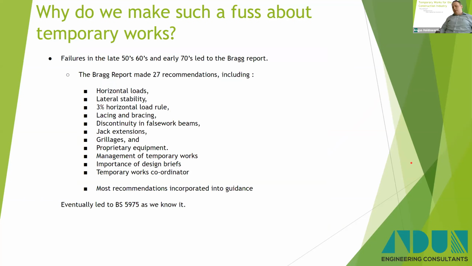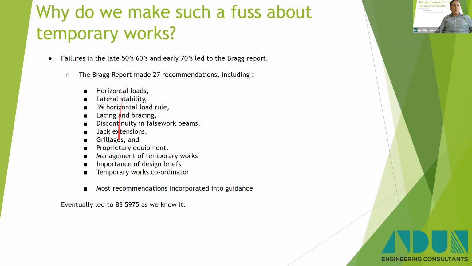So in the 50s, 60s and 70s, there were quite a lot of accidents, incidents, collapses and deaths that led to the industry really taking note of temporary works and insisting that they were dealt with properly. The RAG report was produced, which included 27 recommendations, most of which have now made their way into 5975 in its various guises.